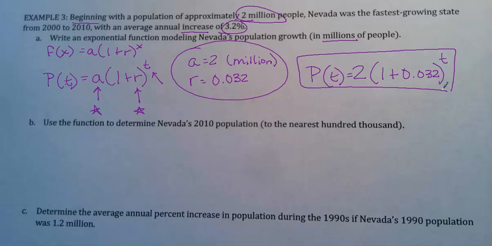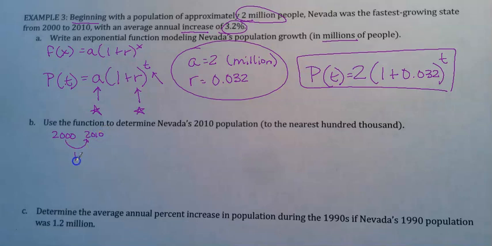Now for B, we're going to use that function to determine Nevada's 2010 population to the nearest 100,000. Okay, so we're using it to determine a population. So this is why we didn't have a t earlier. Now we do have a t, because we started in 2000 and we're going to 2010. So how many years is that?